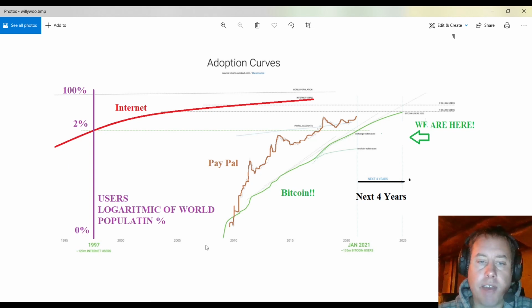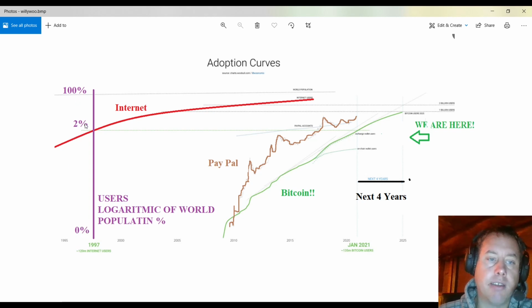And now let's dive right into that, and we will go back to looking at the charts afterwards. So, what we have here is the first thing is the growth of the internet. This is logarithmic. To really be able to plot Bitcoin here, we need to be on a logarithmic scale. So this is like 0% of the people in the world, and this is 100.